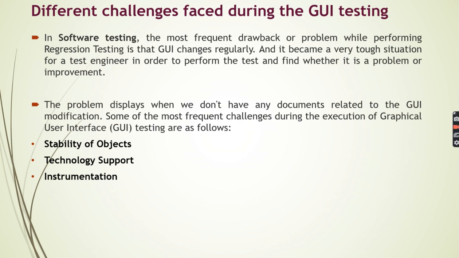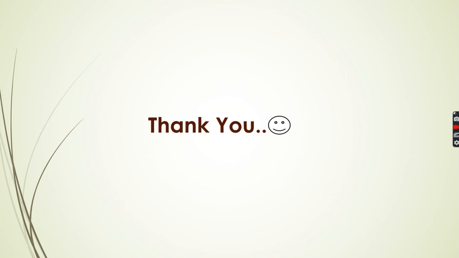GUI testing is much needed as it ensures the application is presented, looks and works equally on different platforms and browsers. In GUI testing, sometimes executing manual GUI testing can be a repetitive and tedious process. However, automation is highly recommended for the GUI testing process. Thank you.